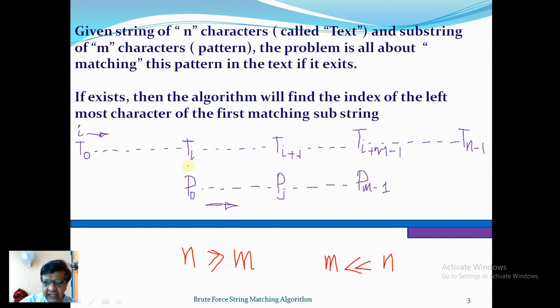The algorithm will try to match p0, the first character, with the character found in the text. If everything matches till here, it will return the location on the text from where the pattern is found. This is what a pattern matching or string matching algorithm would return.